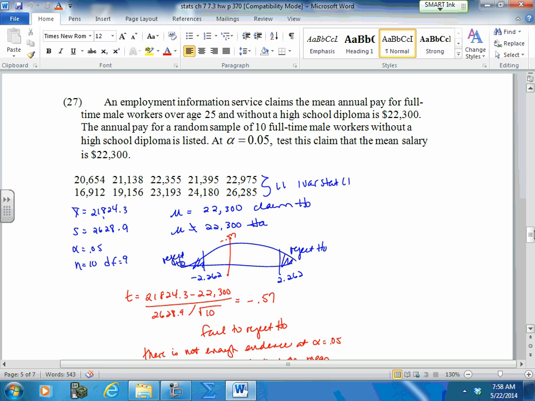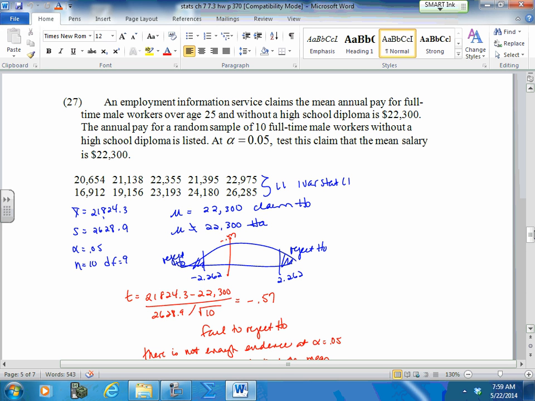The claim is that the mean is, so it's equal to, a two-tailed test. Now, when you find your cutoffs, this time use your two-tail. It automatically divides it in half. You don't have to divide anything in half. So you have a positive and a negative because your curve is symmetric. So you have two places to reject this in. Do your test statistic, it falls sort of in the middle.